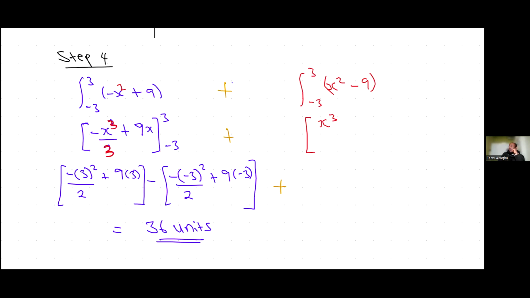And this is going to give you x cubed, and this is also divided by 3, and it's going to be 9x as well. And let me check. Minus 1, 3 cubed over 3 plus 9 times 3. This is going to give, yep, same 36. Okay. So the same thing here. We're going to have x cubed divided by 3 minus 9x.